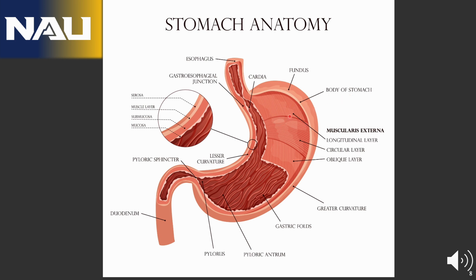The stomach has a greater and lesser curvature, and its muscularis externa has three layers: the longitudinal, circular, and oblique, which facilitate thorough mixing and churning of food for a continuous mechanical breakdown of the food. There are also the rugae, or folds, allowing the stomach to expand significantly. Food exits the stomach through the pyloric sphincter into the small intestine.